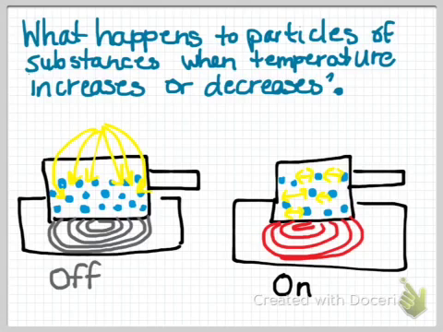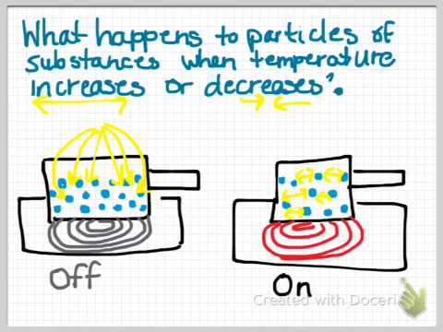Now, that's if we increase the temperature. If we decrease the temperature, the particles get closer together. So increasing the temperature, they get farther apart. Decreasing the temperature, they end up getting closer together.